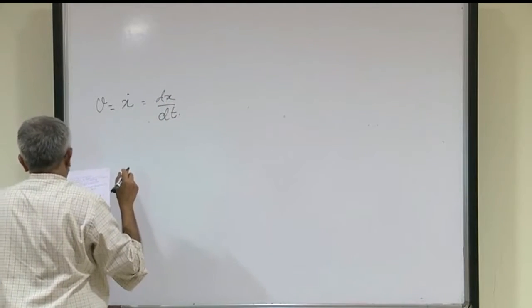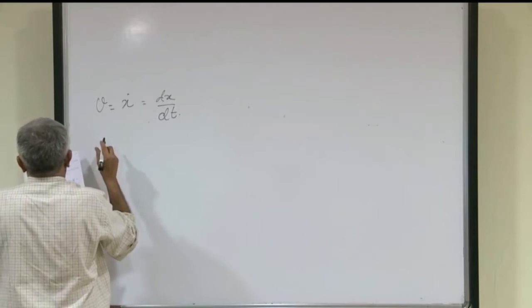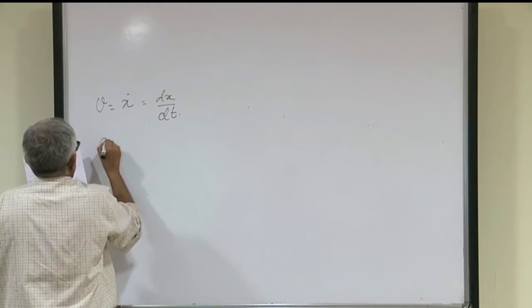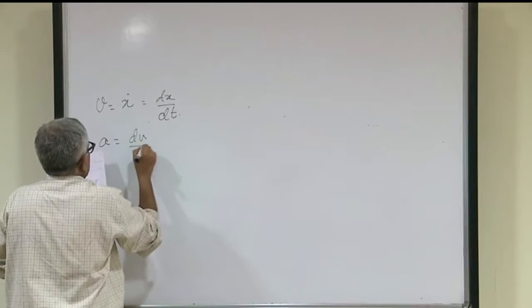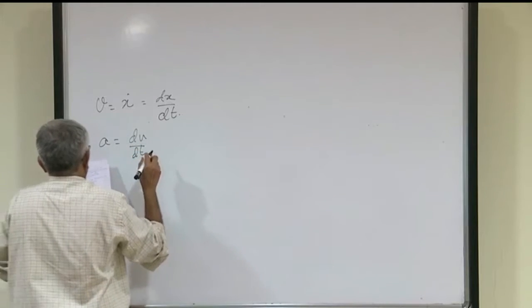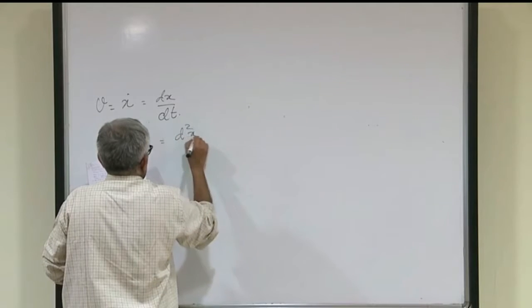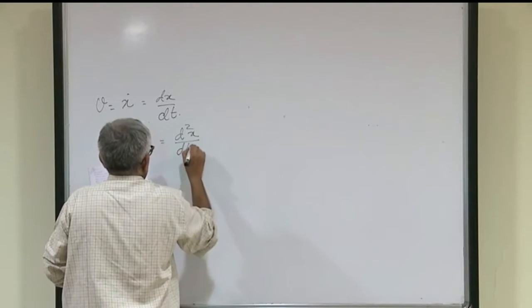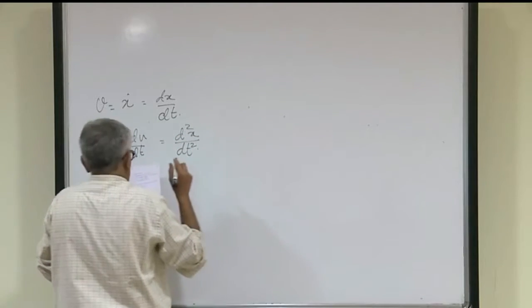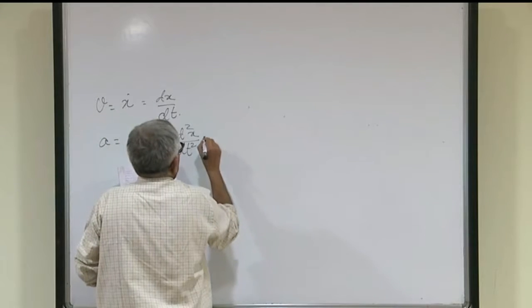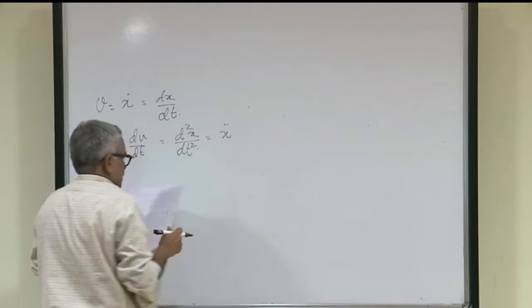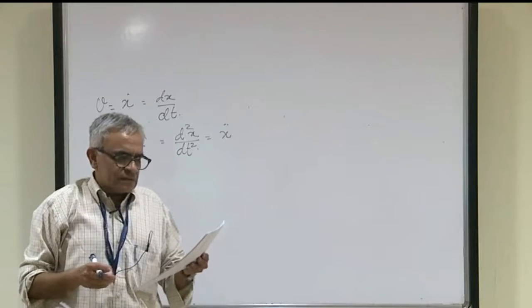Then a is dv over dt, that is equal to d squared x over dt squared, and that's denoted as x double dot.